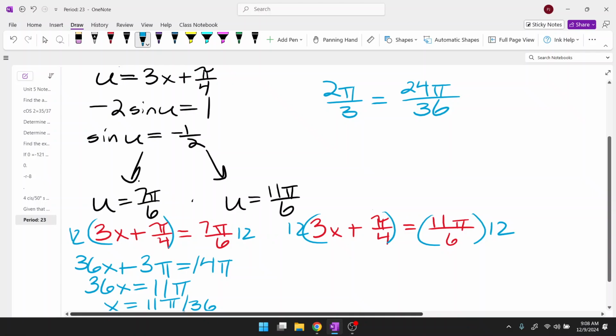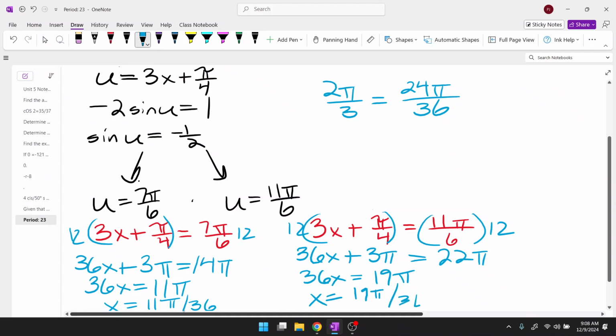So we do the same thing for this one. 36x plus 3 pi equals, let's see, 11. This will be 22 pi. 36x will equal 19 pi. X will simply be 19 pi over 36.